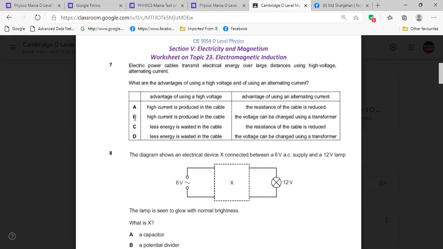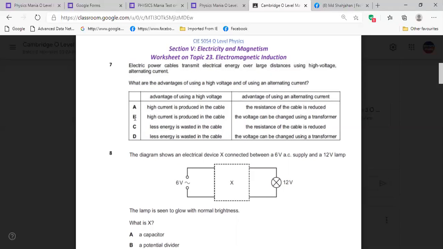Is it that the resistance of the cable is reduced, or that the voltage can be changed using a transformer? So I think it will be C, resistance.